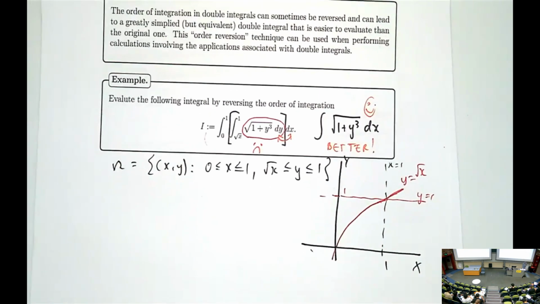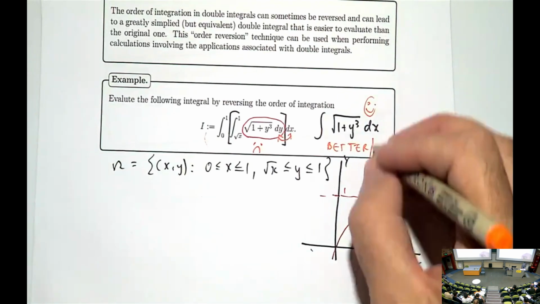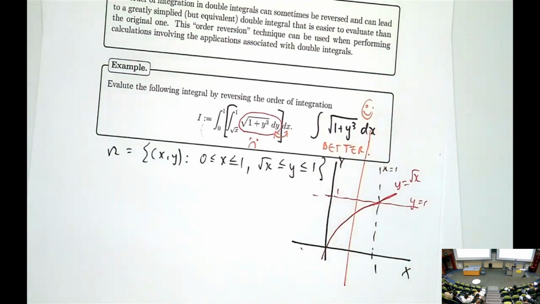Okay. Now, let's draw, say, a vertical line. All right? We want the region where that vertical line enters at y equals root x and leaves at y equals 1.